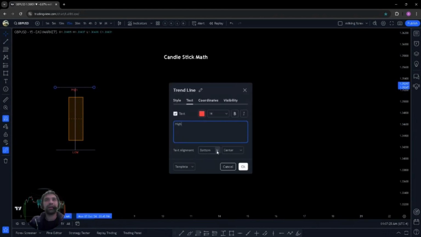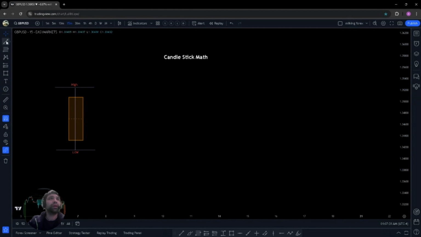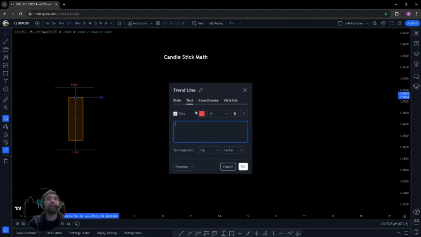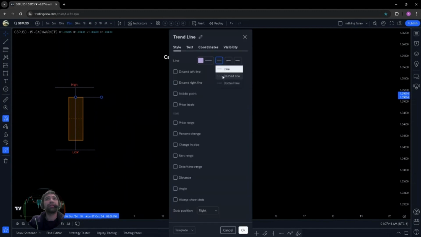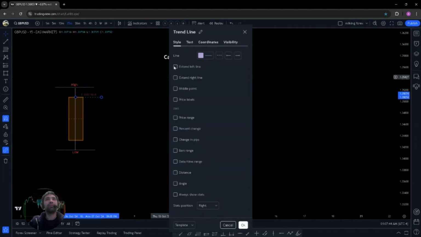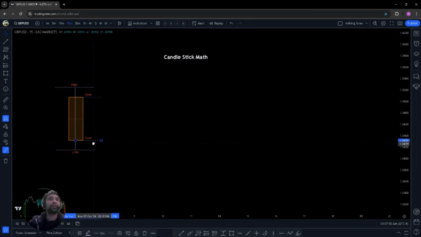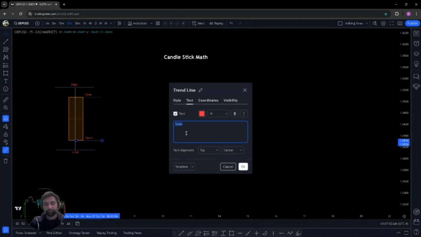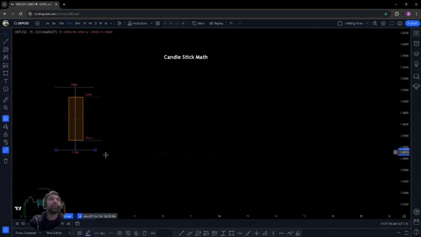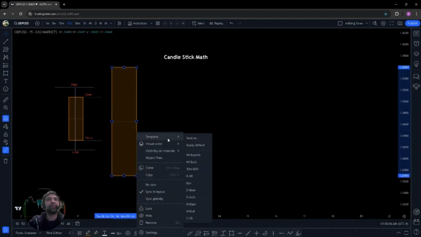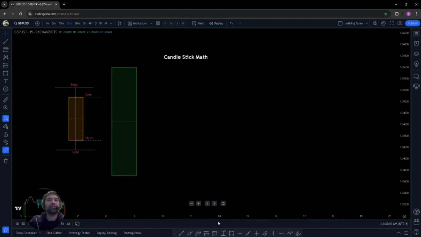So this is the high. As we know that this is a bearish candle, we understand that the price is opening around here, from the top. This is the open, and this is the close. So now this is our bearish candle, and let's consider that this is our bullish candle.